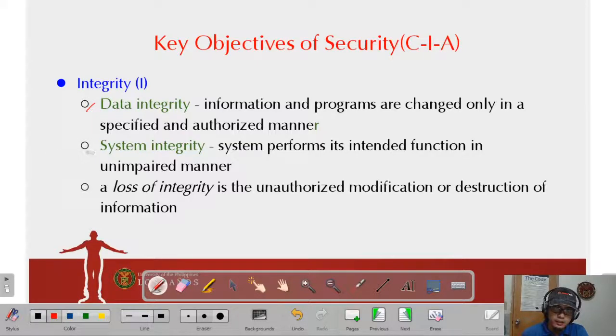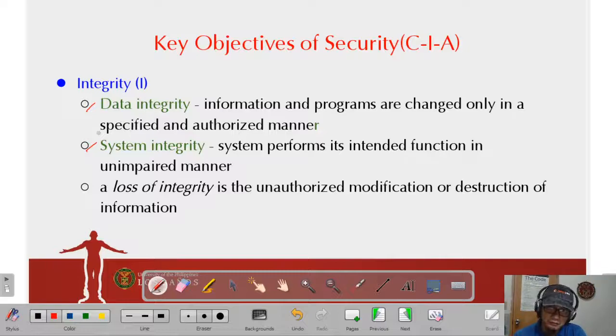The second one is system integrity. The system performs its intended function in an unimpaired manner. When you have an information system, usually that information system is designed and implemented to perform a specific function.